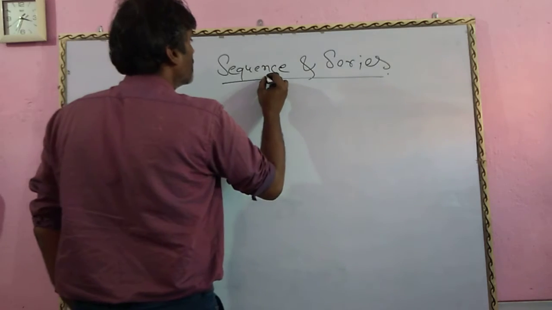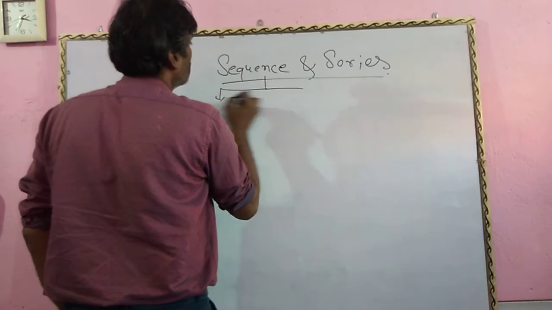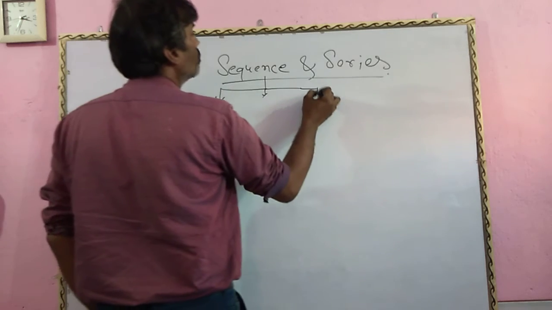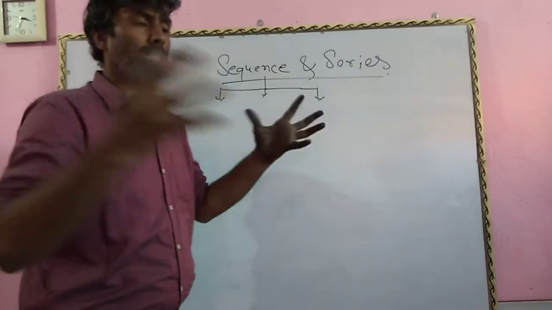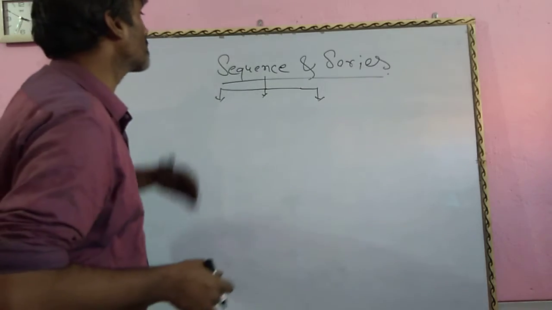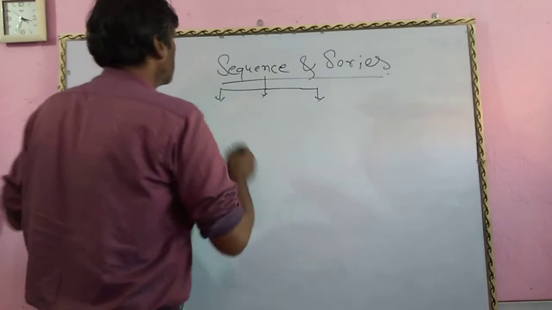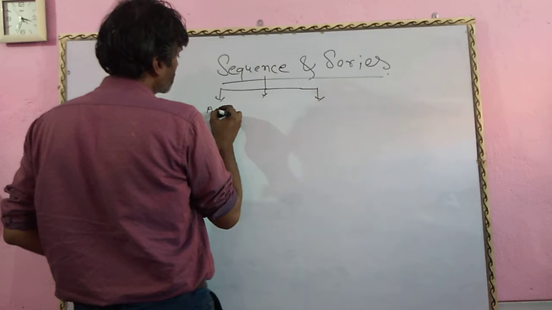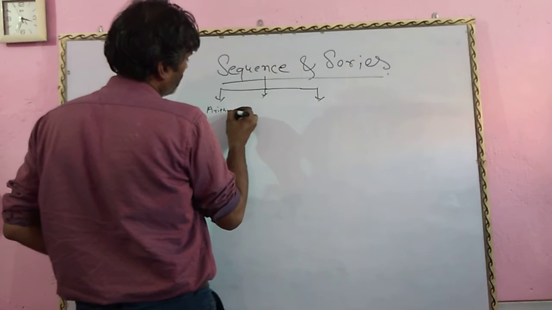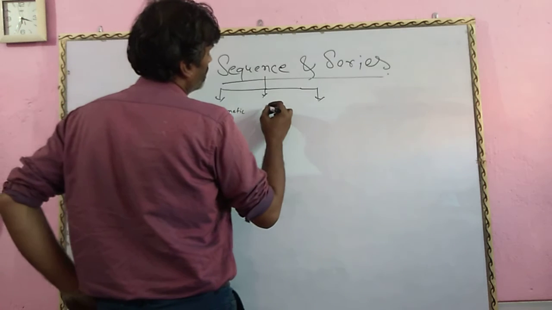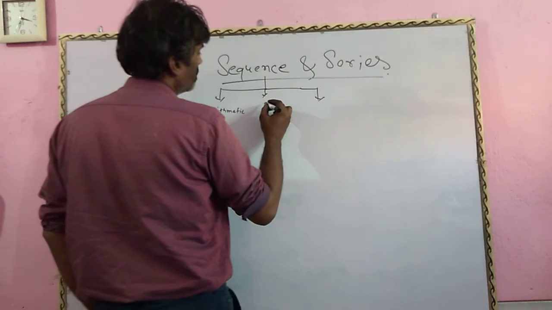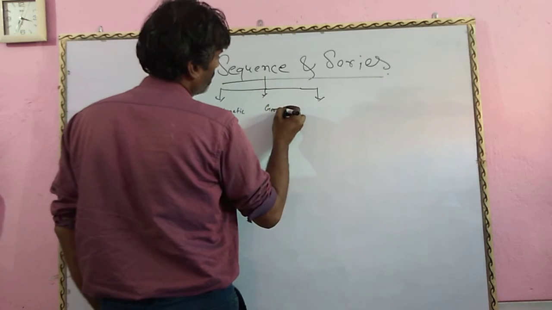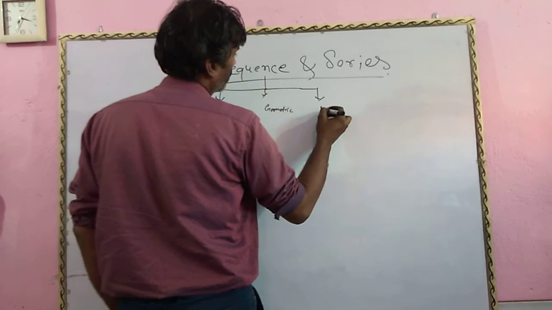There are three types of sequence which we will study about, because there might be a lot of sequence types, but we will study mainly three types: arithmetic, geometric, and harmonic.